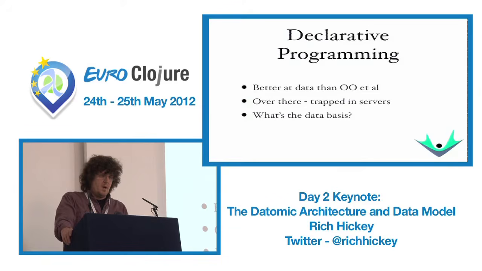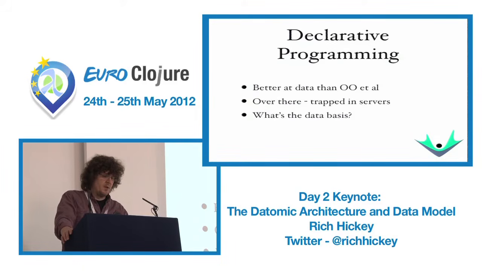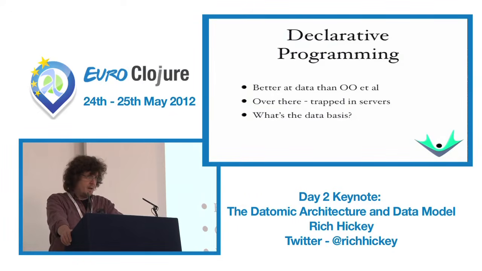And in the database world, we know, or we should know, that those languages like SQL, those declarative languages, are far better at manipulating data than, well, definitely than object orientation, but even than functional programming. They're another level up, they're set-oriented, they're further away from how, and more oriented towards what you want to do. But those languages and that technology is largely trapped in database servers.